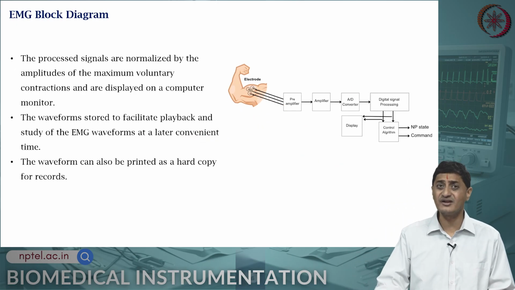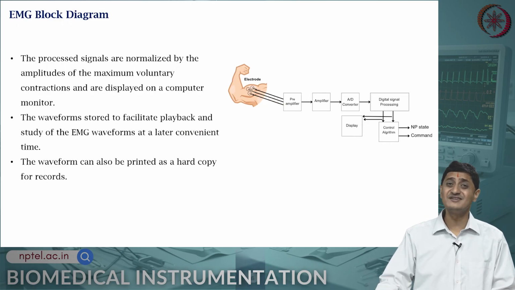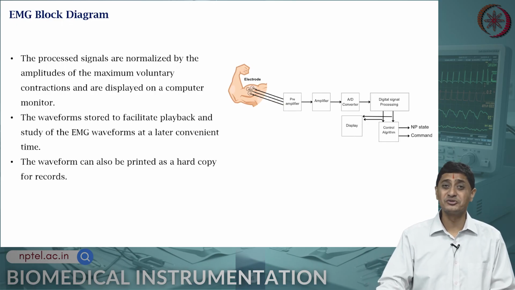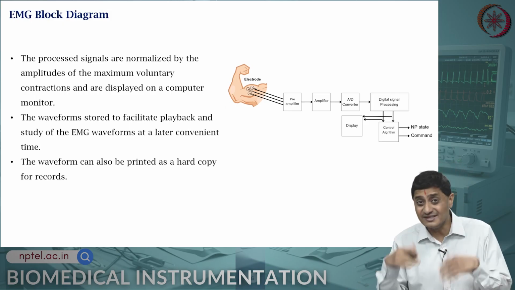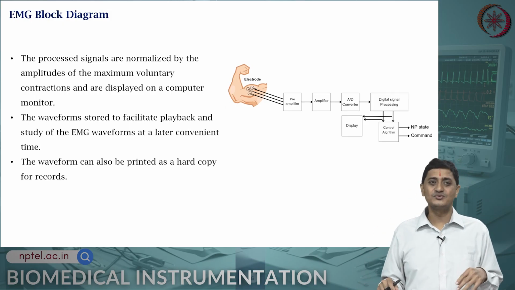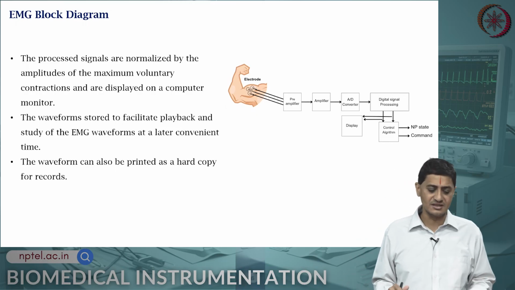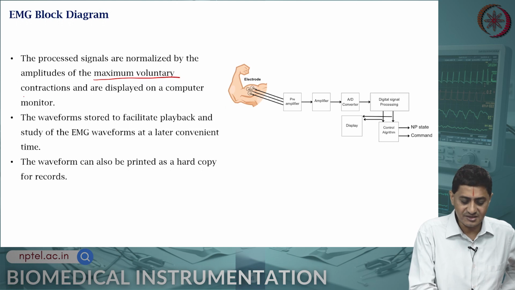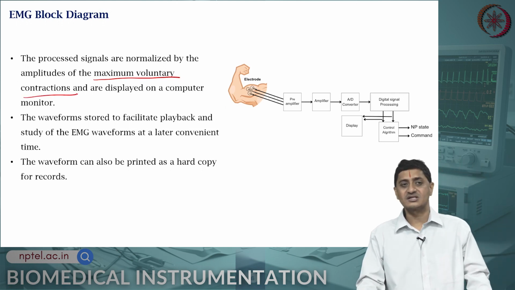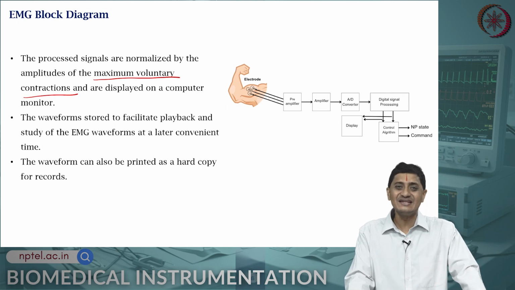It turns out that for the same person, between sessions the amplitudes might vary. So EMG may not be comparable even within the same person for the same muscle, which is why it is critical to normalize it using what are called maximum voluntary contractions.